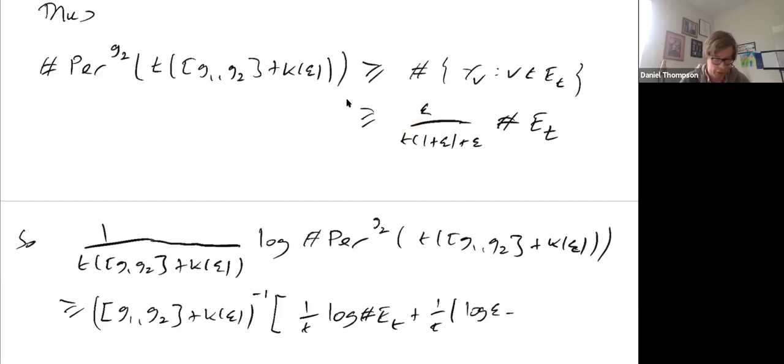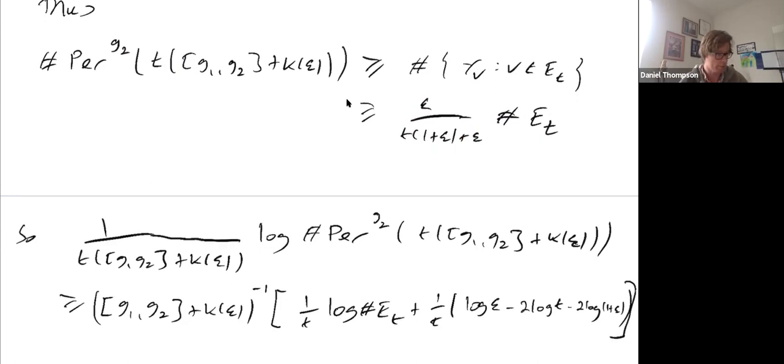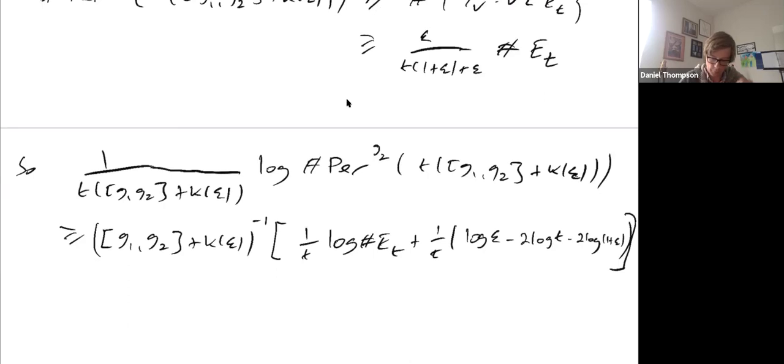Log epsilon minus, I want to absorb that. That's a little annoying, so I'll use a factor 2. Log T minus 2 log 1 plus epsilon, something like that. Great. Of course, all that stuff over here just goes away.